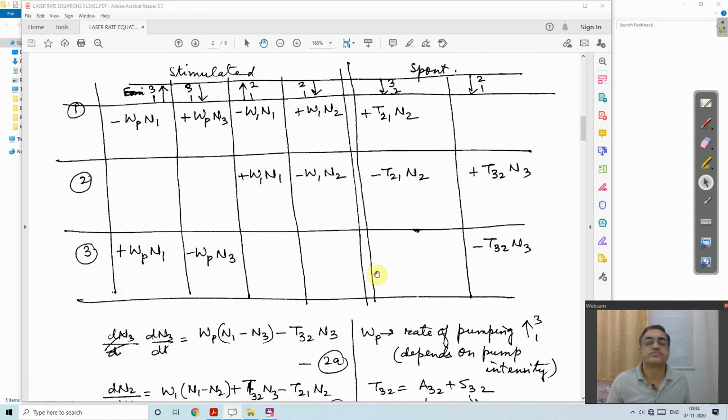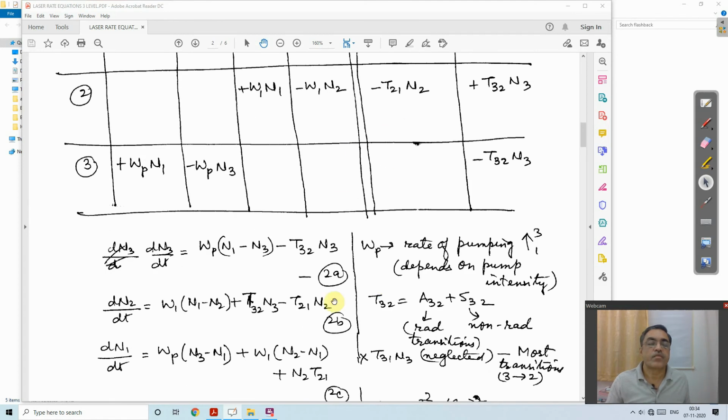Similarly, dN2/dt is equal to W1 (N1 minus N2) minus T21 N2 plus T32 N3.